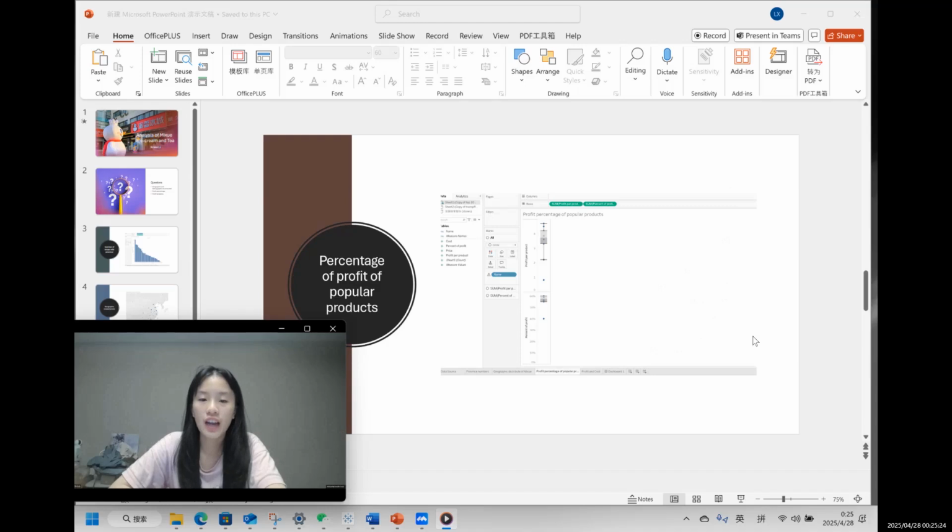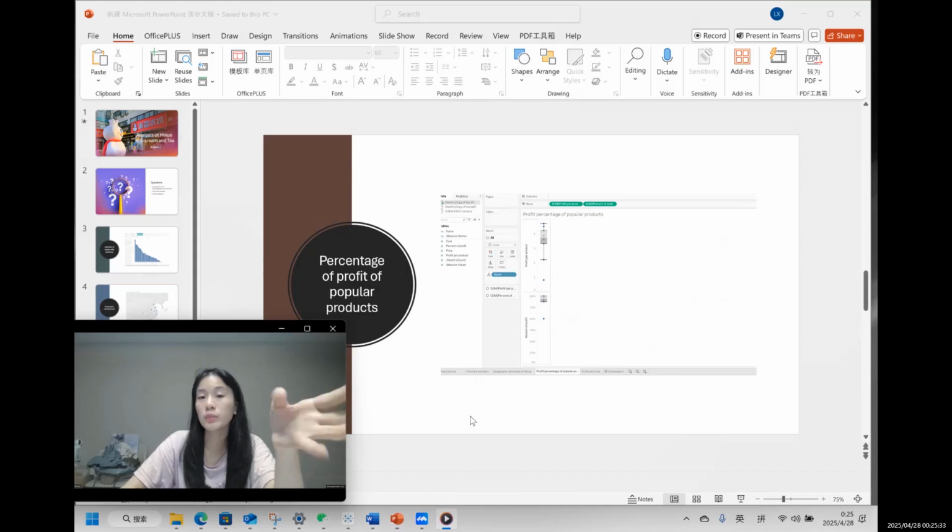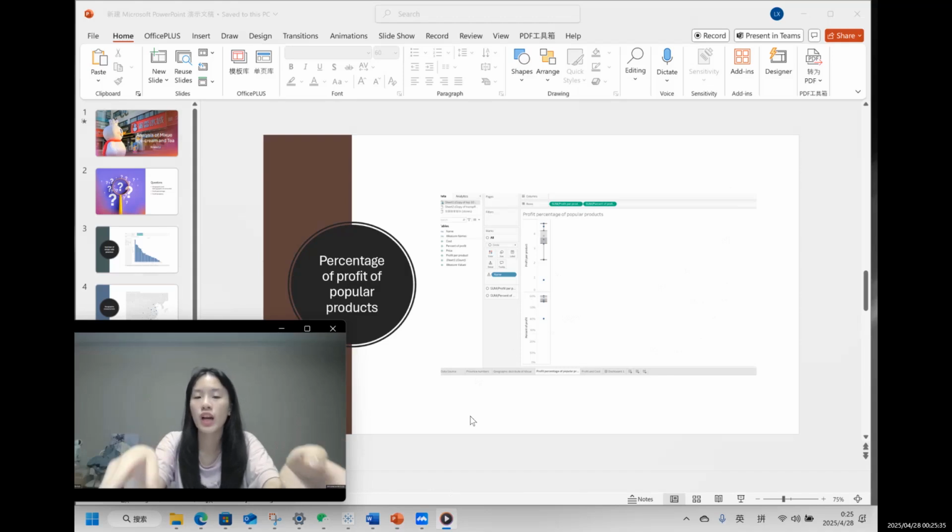For the third chart, I went through 10 of Mixue ice cream and tea star products and worked out their profit and cost, and used a box plot to judge the range of margins of each.